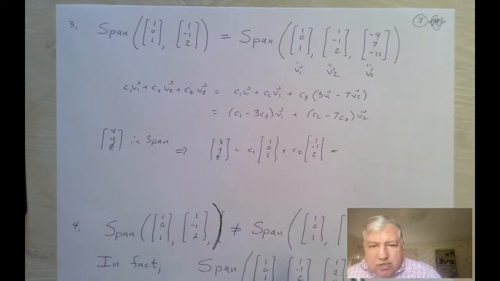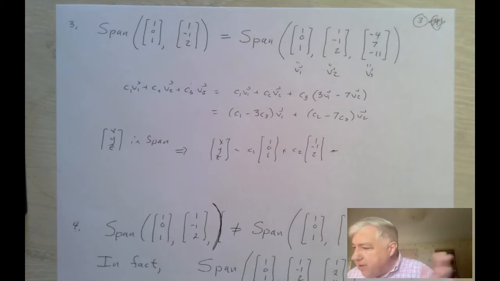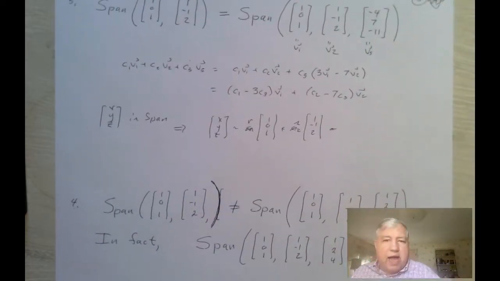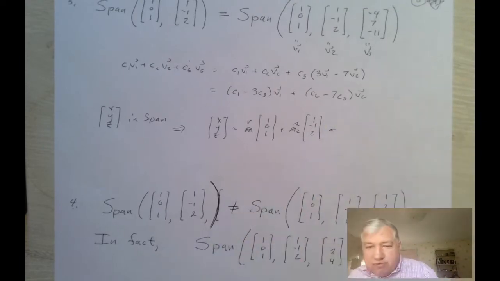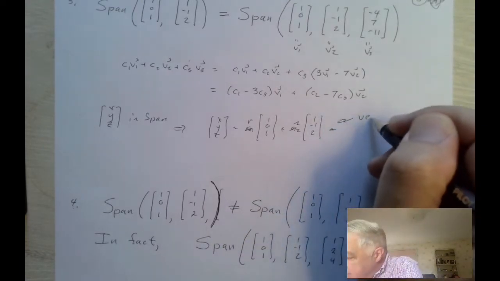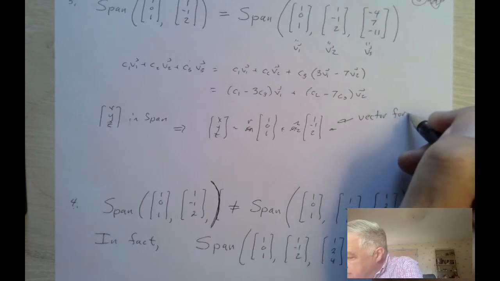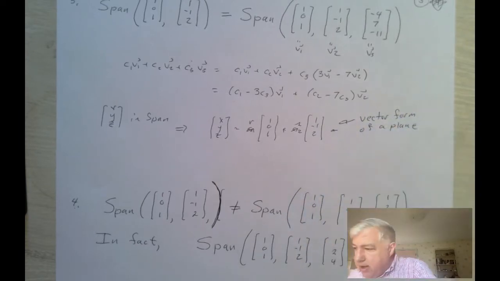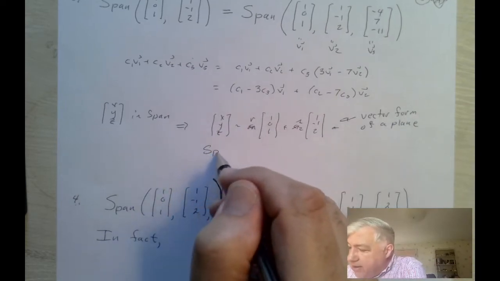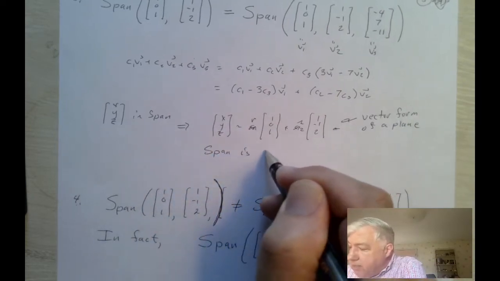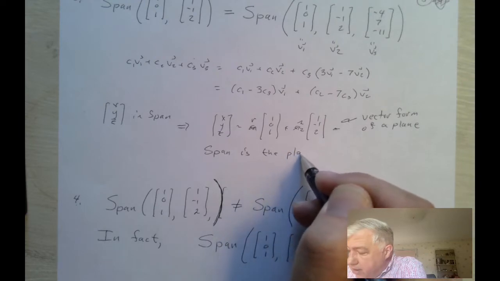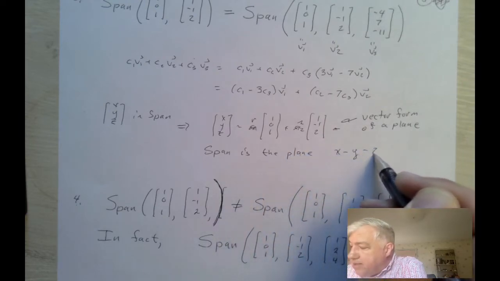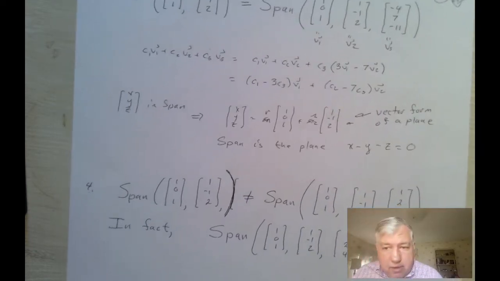We can use C1 and C2, or we can use R and S if we wanted to. We can call these anything we want. And this actually is the vector form for a plane. And in fact, the span is the plane given by x minus y minus z equals 0.